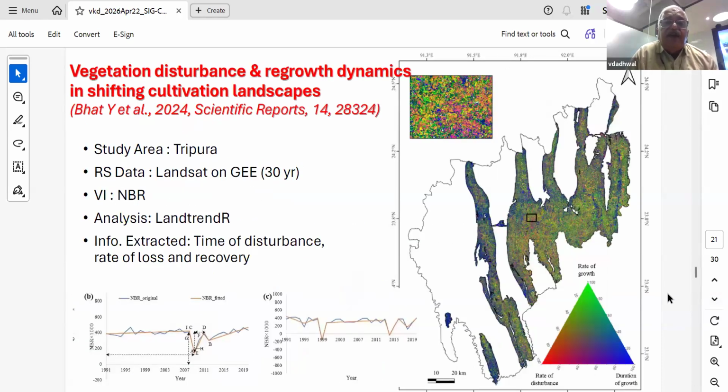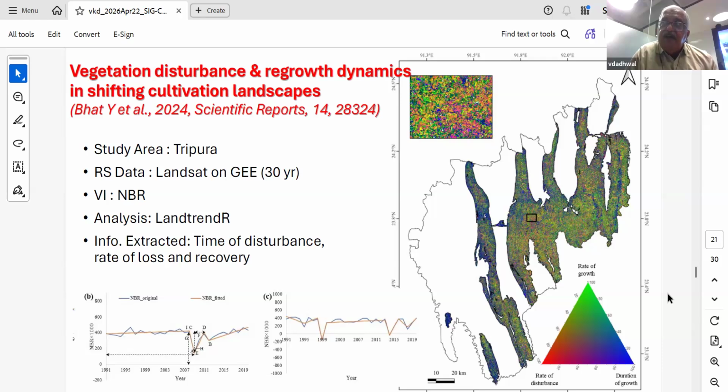The other agriculture practice is shifting cultivation. Here, in this study, which was done at IIRS Dehradun, the burning and moving from a secondary forest to crop, and then abandoning and re-emergence of a secondary forest, is mapped through a multi-year land trend model, which is done on the Google Earth Engine, and then you are able to create the regrowth dynamics.